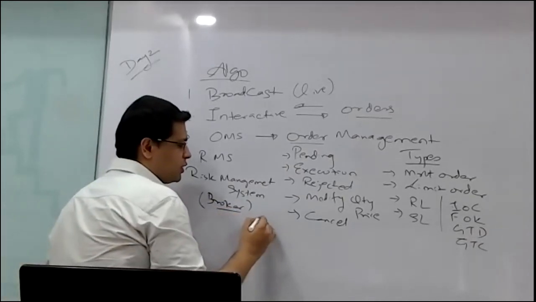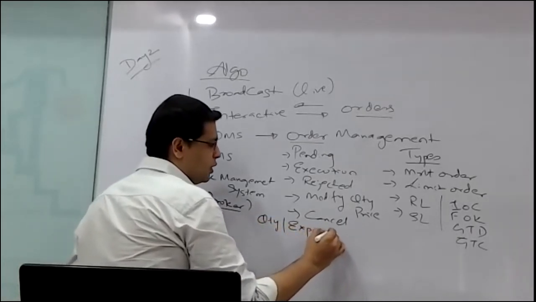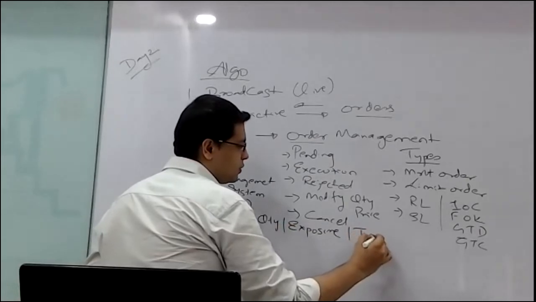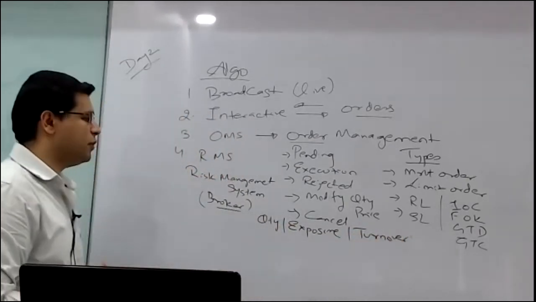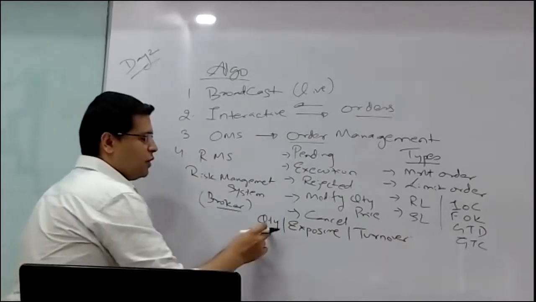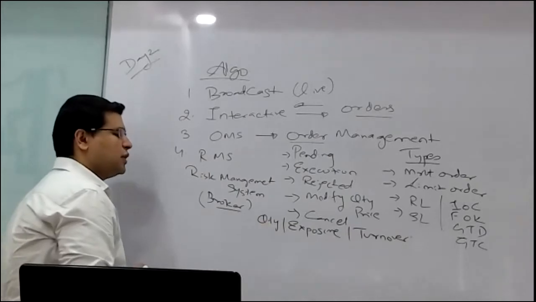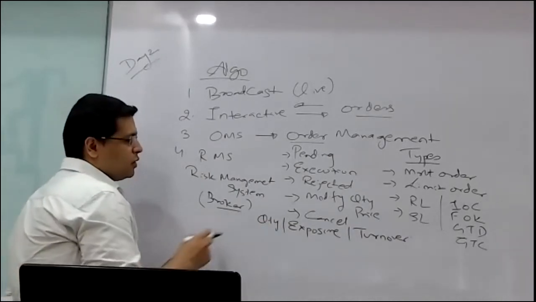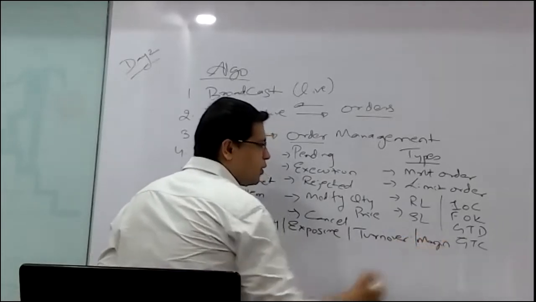It can be based on quantity, exposure, or turnover, right? So all those key elements of risk can be placed using these tools by the broker. So even on the margin or on the cash.